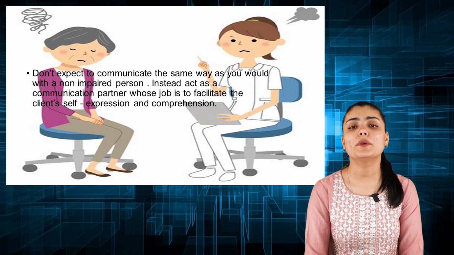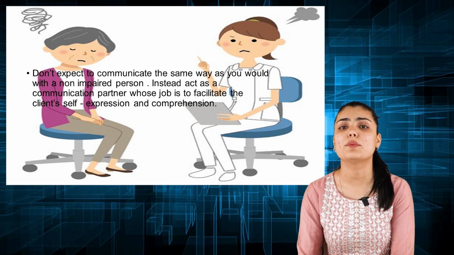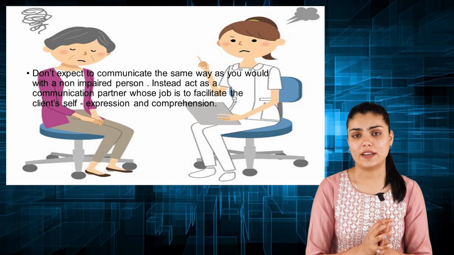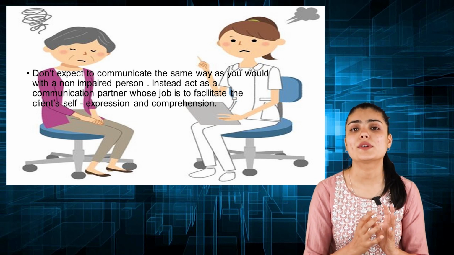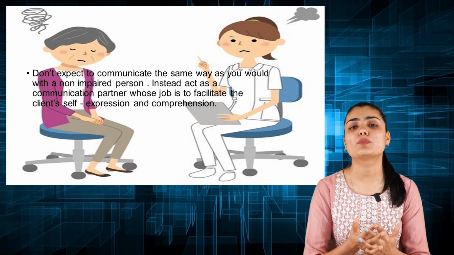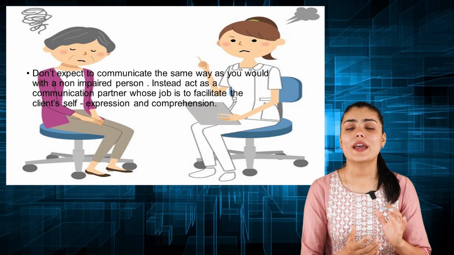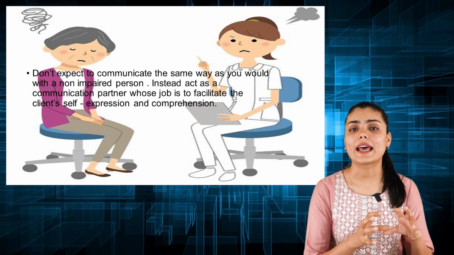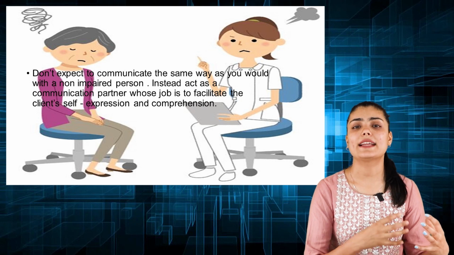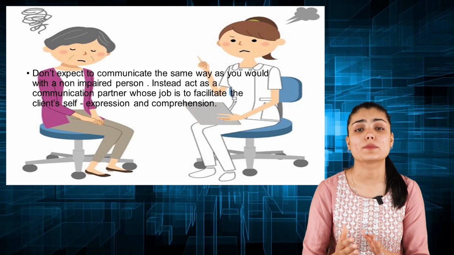Which means the communication that we have with an impaired person and a non-impaired person is different. The impaired person, that means the person who's suffering from a certain disorder or illness, might not respond to us properly because of their disorder. So as a nurse, we must remember that they are impaired. The clients that we are dealing with on an everyday basis are people who are suffering from certain diseases.